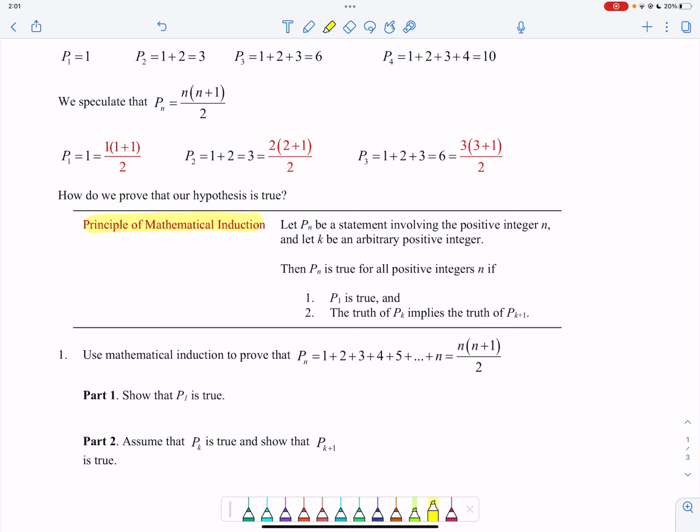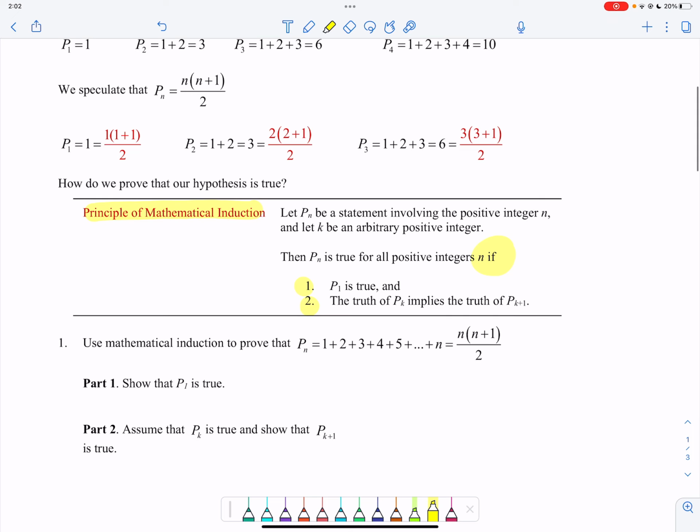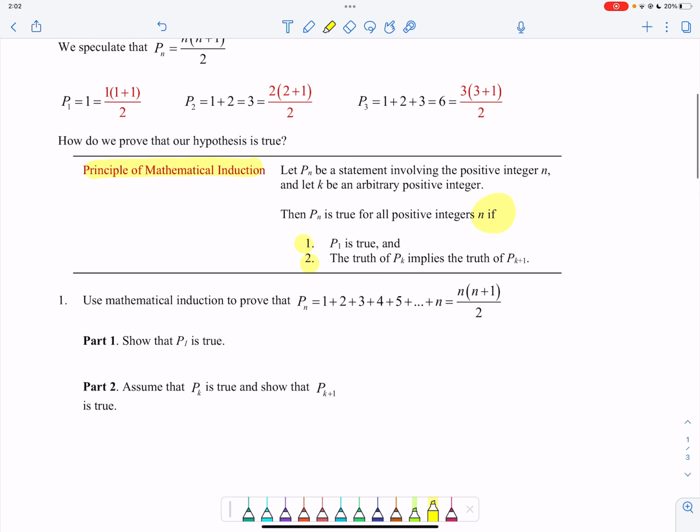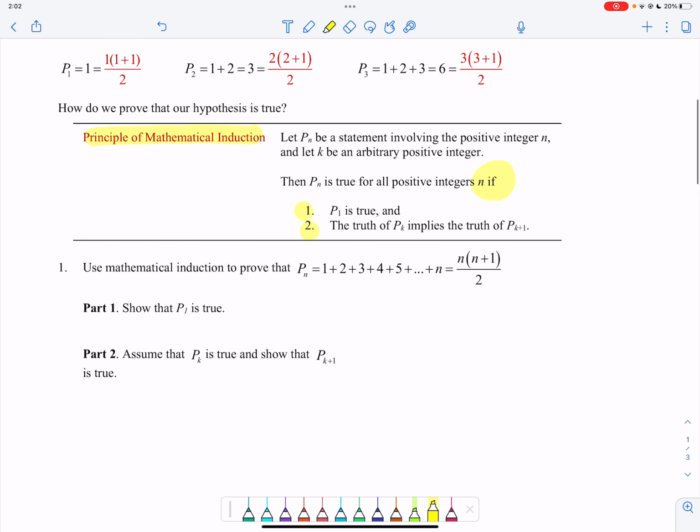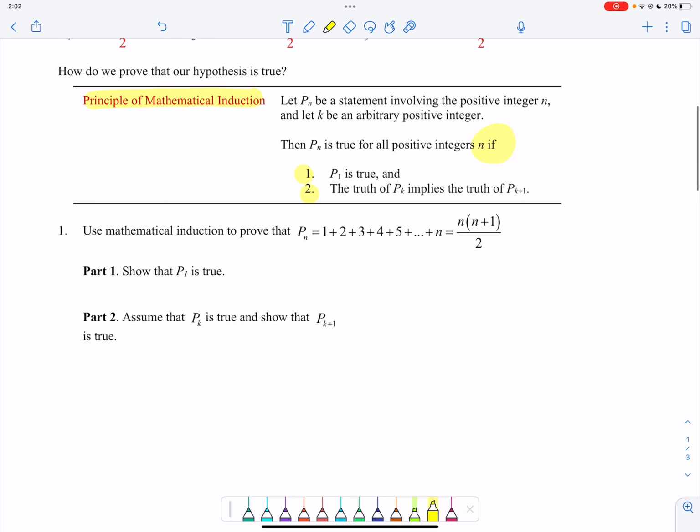Then P sub n is true for all positive integers if these two things occur: if P sub 1 is true, and the truth of P sub k implies the truth of P sub k plus 1. It's a little bit confusing in the definition, but once we work this problem, we can go back and take a look.